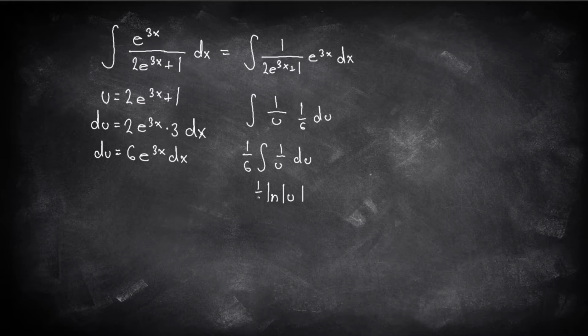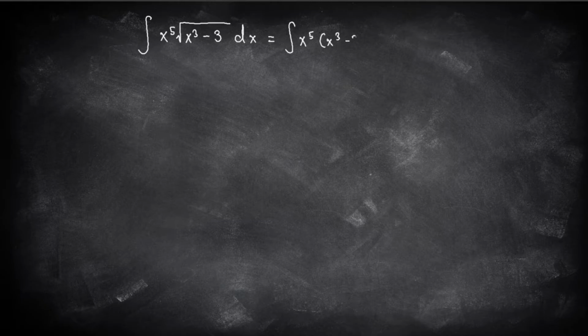And remember the scalar, 1/6. There's no bounds, so add a c. So substitute our u back in. So 1/6 natural log absolute value of 2e to the power 3x plus 1, close absolute value, plus c.